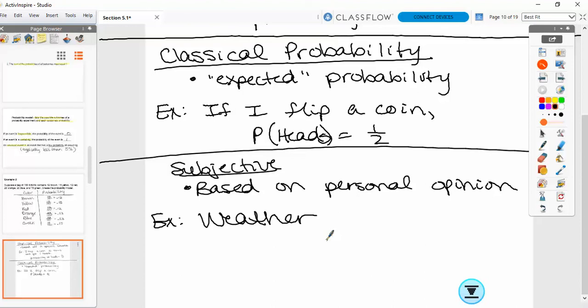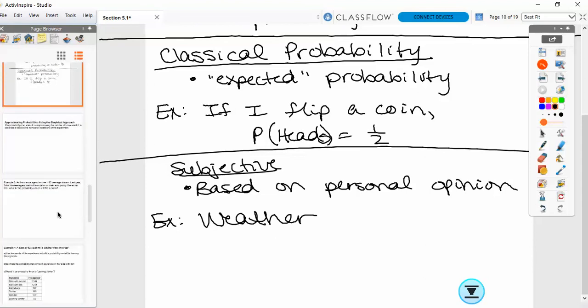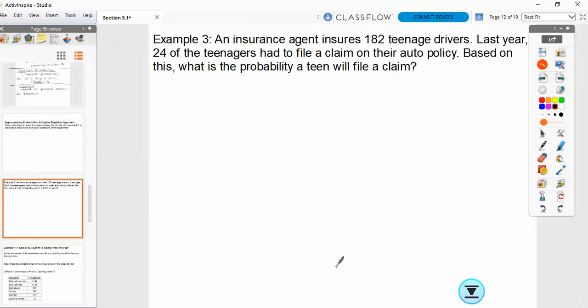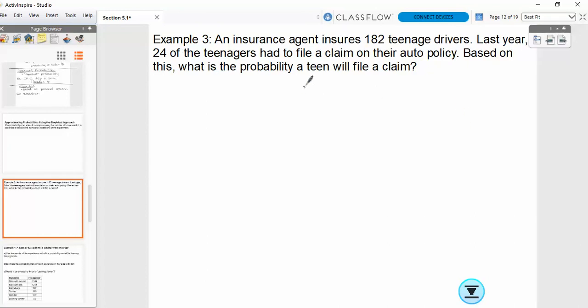All right, so now let's just do a few more probability examples and then I will be done for today. You don't have to write down the whole example if you don't want to. An insurance agent insures 182 drivers. So we have 182 drivers.